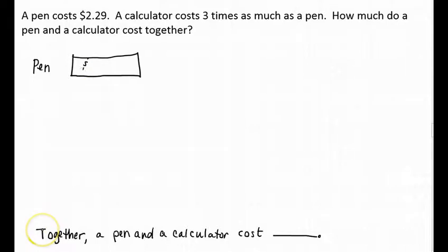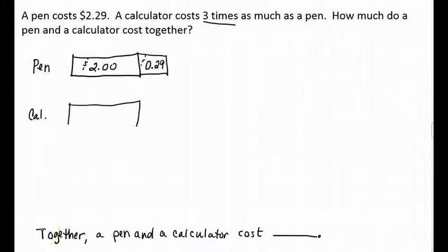Let's show $2 and then 29 cents. A calculator costs 3 times as much as a pen. So that means for the calculator, I just need to copy what I drew for the pen 3 times.